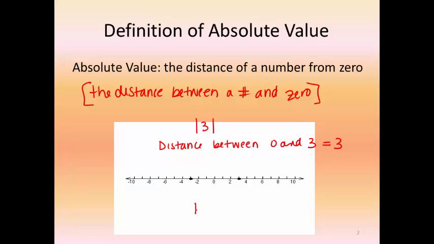Well, what is the absolute value of negative 3? Well, it still is phrased as the distance between 0 and negative 3. So that absolute value is also 3. We can show this on a number line, that the distance between 0 and 3 to this spot, I don't use arrows because it's not going on forever, but the distance between 0 and 3 is 3. The distance between 0 and negative 3 is also 3. All right, let's keep going.